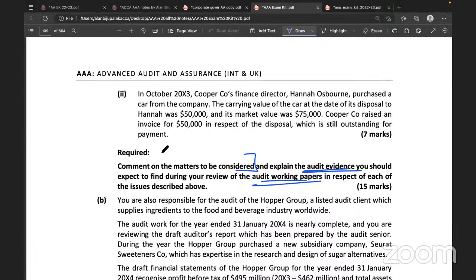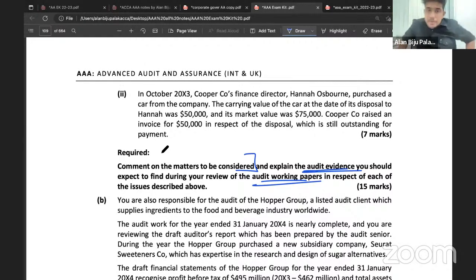So we have already discussed matters to be considered for further action, discussion with the management, further procedure, and finally audit evidence. And when you include the matters to be considered part, keep one thing in mind: you should never get confused between further action and further procedure. Further action is that lengthy procedure where you will be communicating to management and those charged with governance.